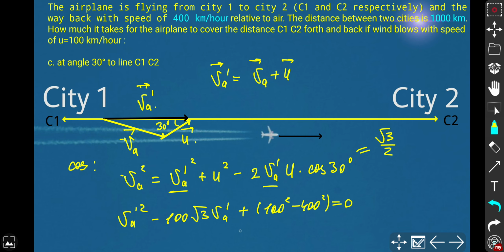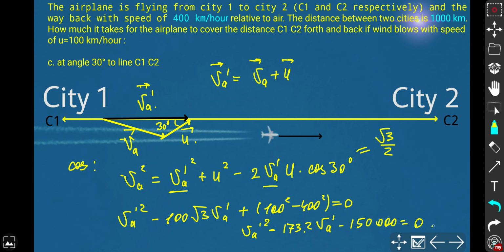Another way to show this, we can calculate approximate values. So minus 173.2 times VA prime and minus 150 thousand in that case. So we need to solve the quadratic equation.